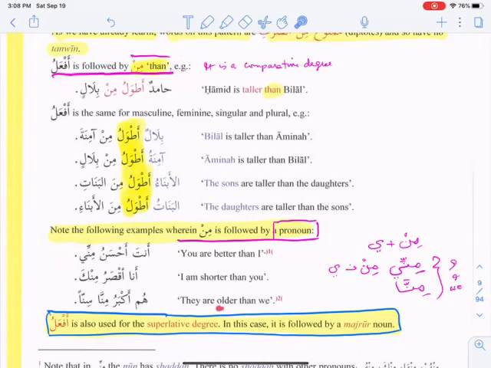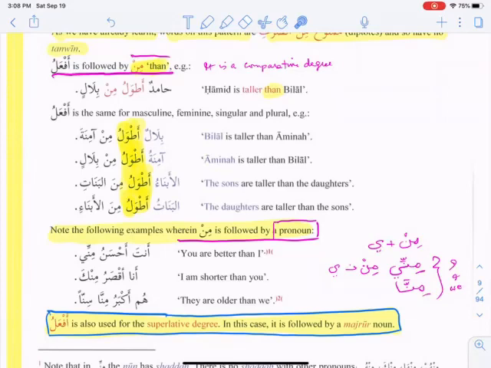Because here the older it comes to age. So sinnan comes. If I say ana akbaru minka, I am taller than you or older than you or bigger. In what sense are you bigger?